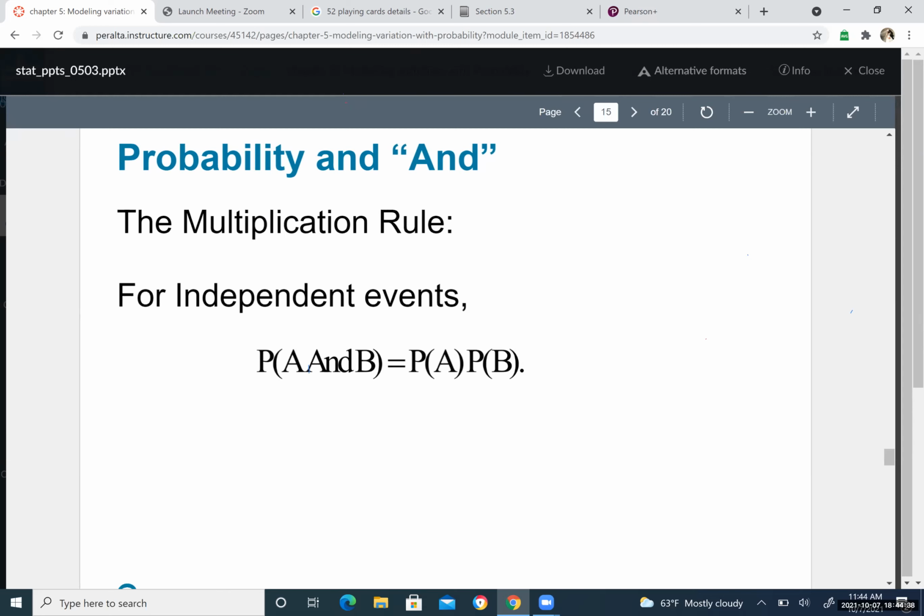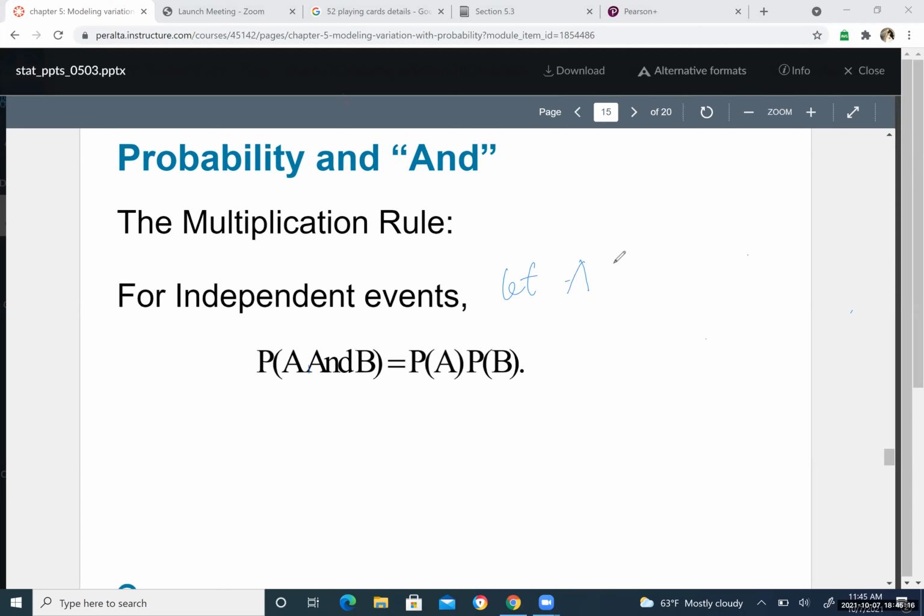Okay, so if they are independent events, what happens? After you test the two events and you conclude they are independent, for example, and they have an extra question like this, what is the probability of A and B, pretending event A and event B are independent.